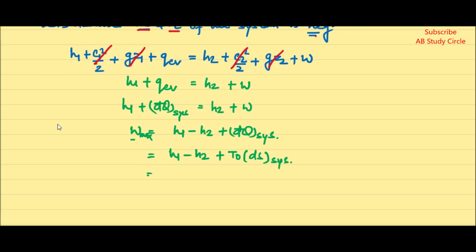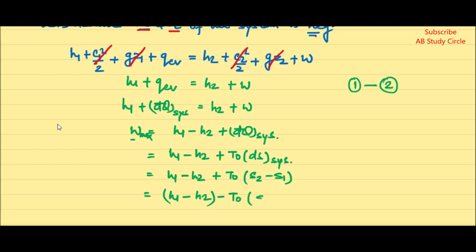So it will be H1 minus H2 plus T0, as the flow process is from 1 to 2, you have (S2 minus S1). So you have H1 minus H2 minus T0 (S1 minus S2). I can write it like this, right?